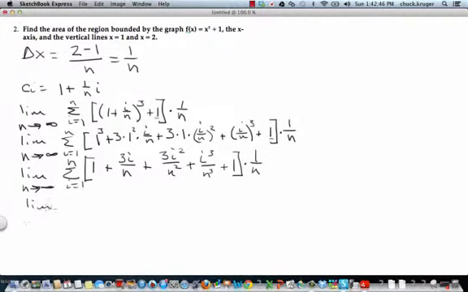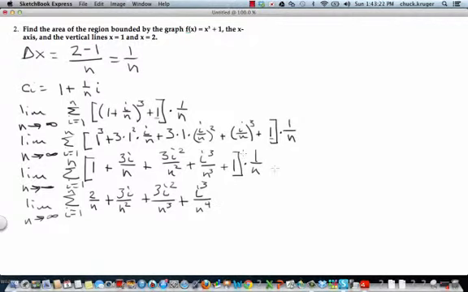So I'm going to take the limit as n goes to infinity. Summation of i equals 1 to n. 1 plus 1 is 2 times 1 over n is 2 over n, plus 3i over n squared, plus 3i squared over n squared times 1 over n is going to be 3i squared over n cubed, plus i cubed over n to the 4th.